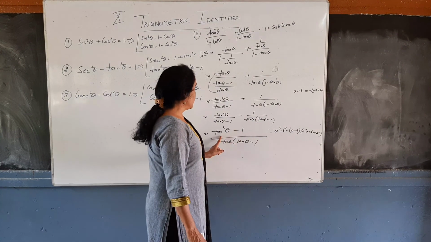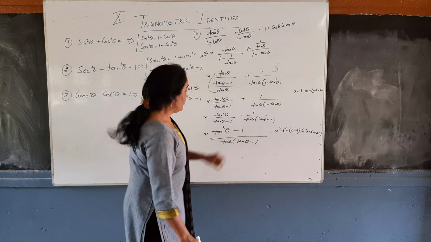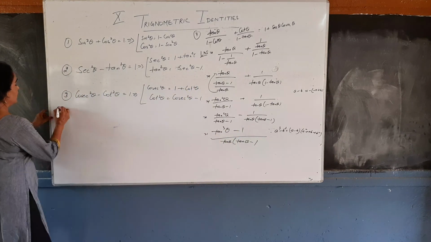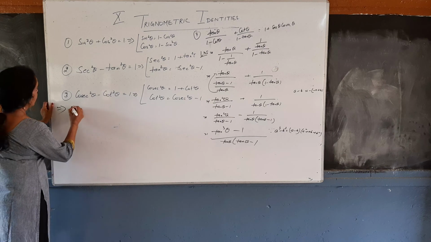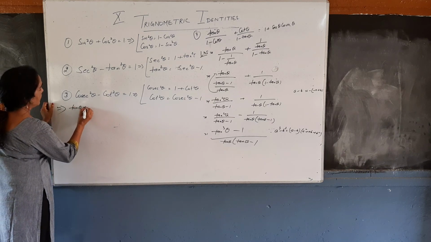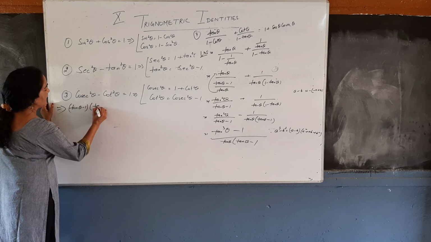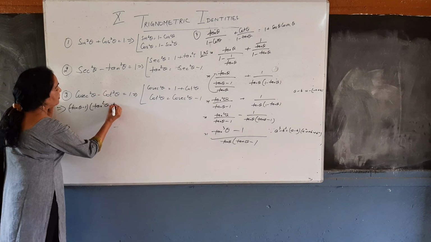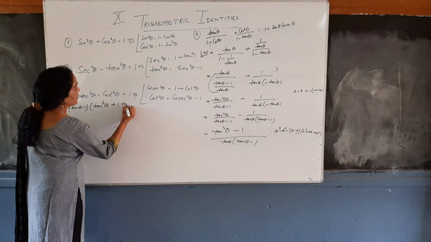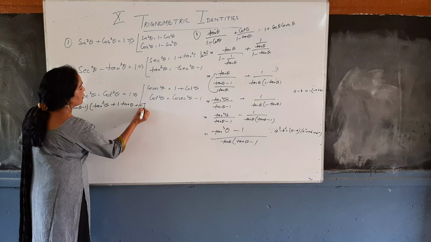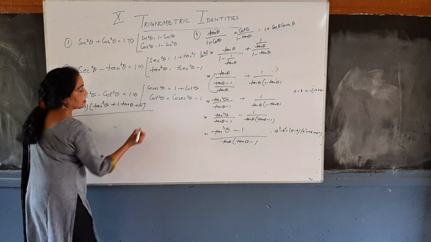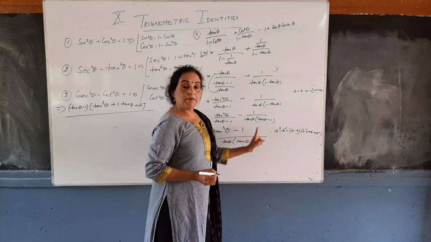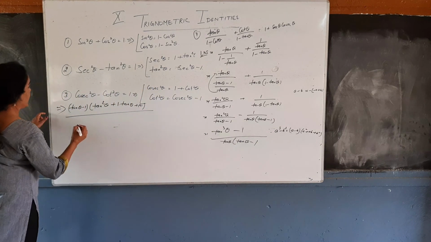What is a? A is tan theta, b is our 1. So we will use this. So what you will get here? You will get tan theta minus 1, tan square theta plus 1 into tan theta plus 1 square upon tan theta into tan theta minus 1, because here tan theta is our a, b is here 1.